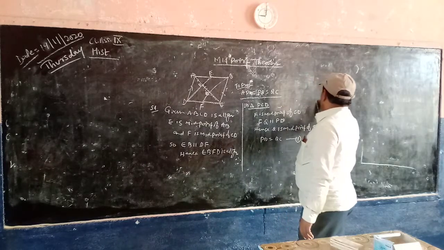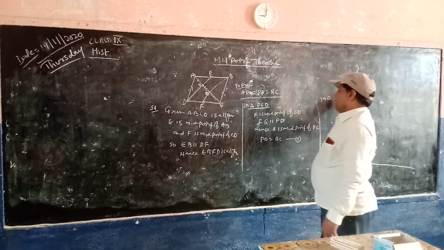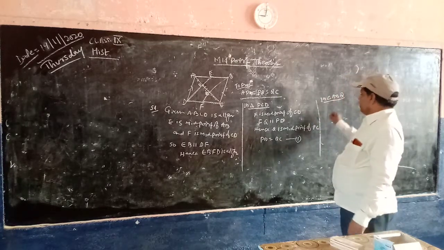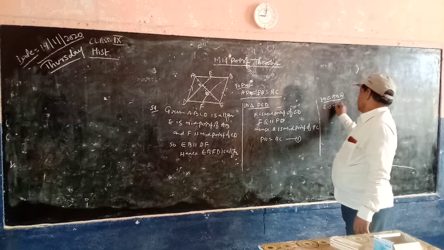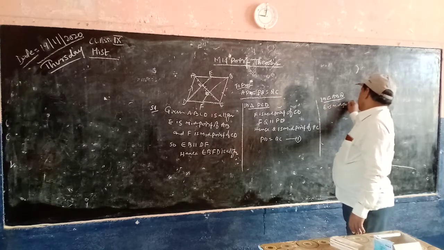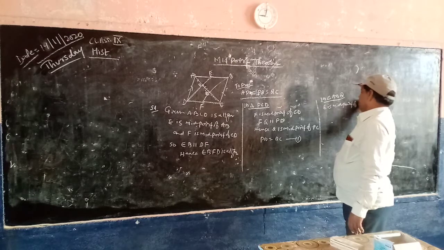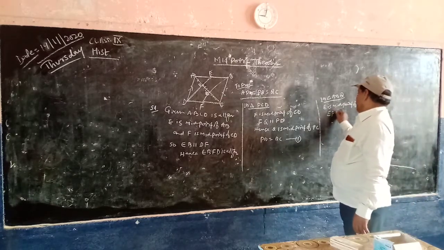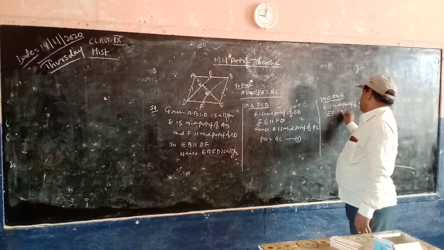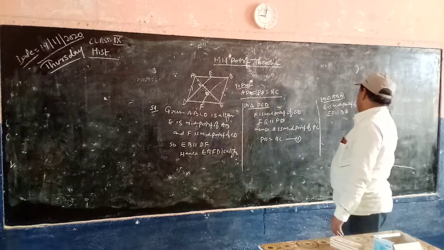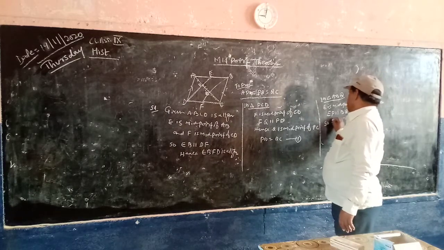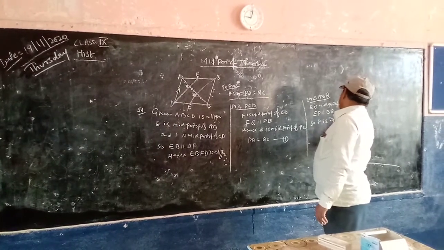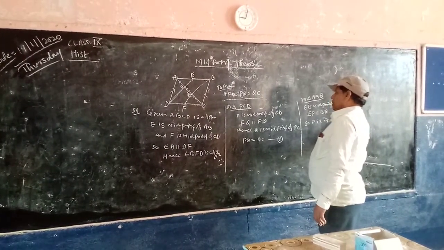Now in triangle ABQ, E is the midpoint of AB, EP is parallel to BQ, so P is the midpoint of AQ.